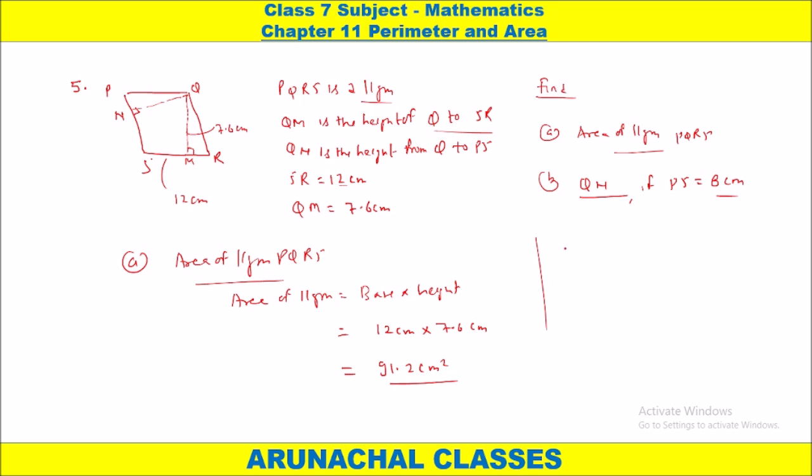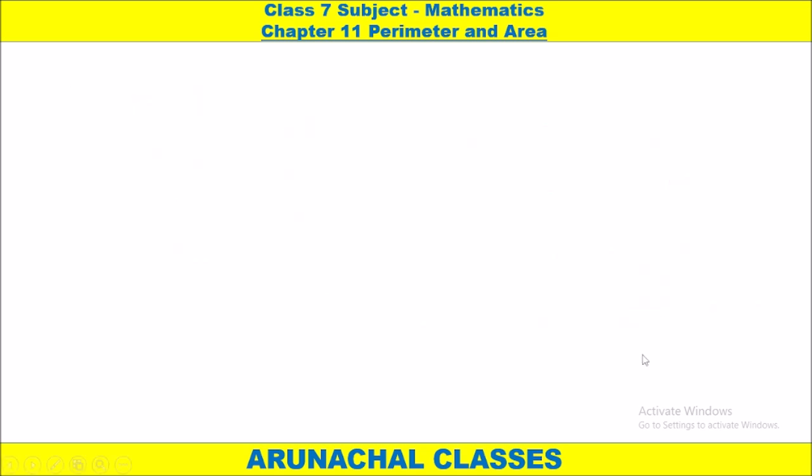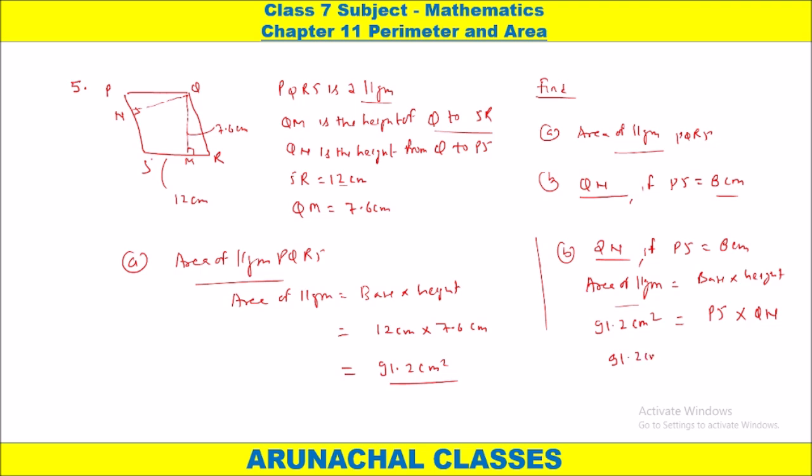Now we have to find out the B value, that is QN. If PS is given as 8 centimeter, so we know that area of parallelogram is base multiplied with height. So this time I am taking the PS value as the base, and the height I am taking QN. Area of parallelogram we just found, that is 91.2 centimeter square. PS is given in the question as 8 centimeter, and QN we have to find.